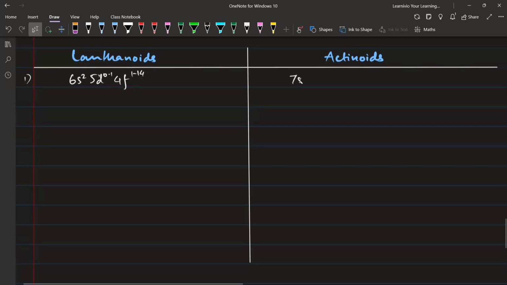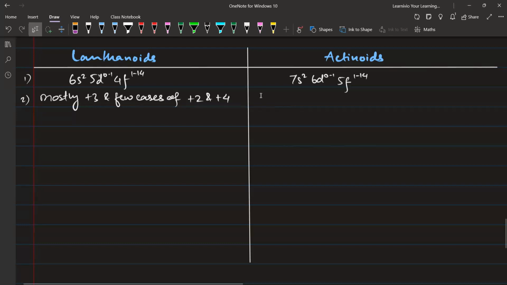Similarly, in actinide 7s2 6d is 0 to 1 and 5f 1 to 14. Okay, so this is the general electronic configuration. Secondly, lanthanides, they have mostly +3 oxidation state and few cases of +2 and +4.